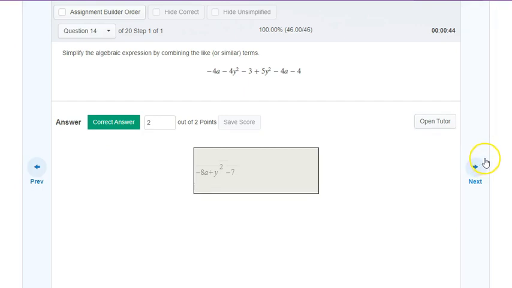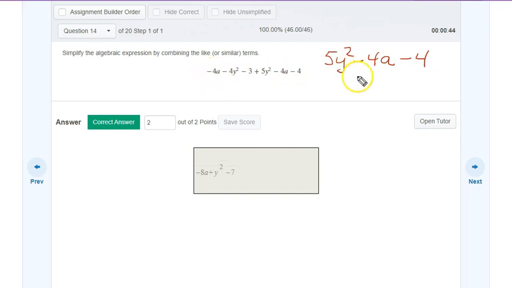Now here we're asked to combine like terms. Where this ought to be easy, some don't get this correct. We have suggested you take your like terms, like 5y squared, a negative 4a, and then just a plain 4, and then you match these like terms up.